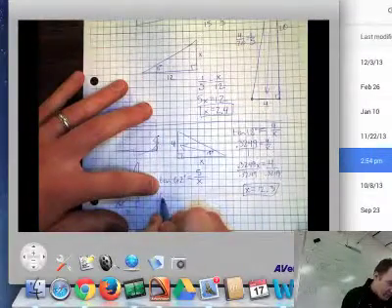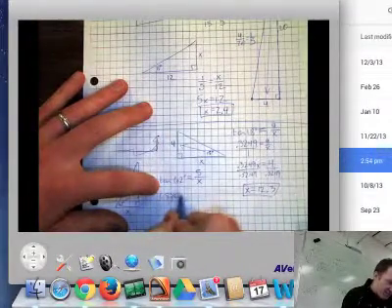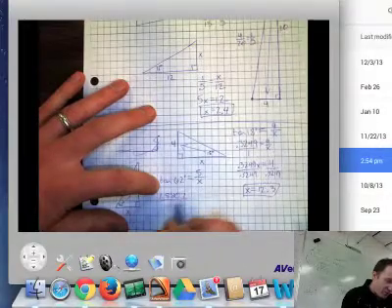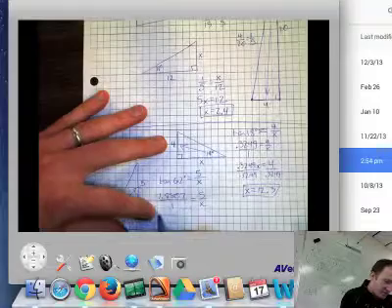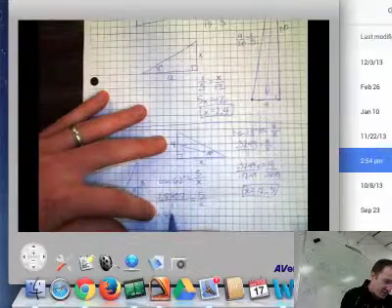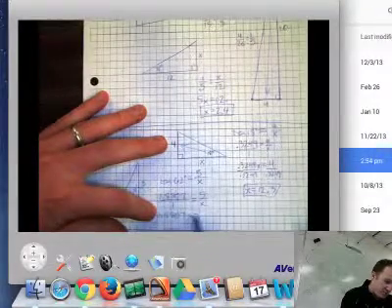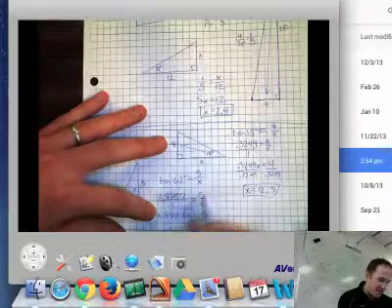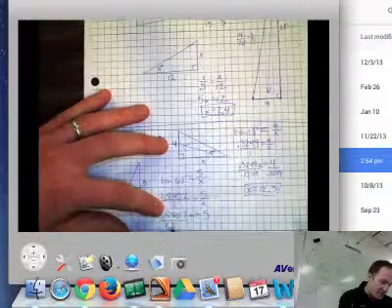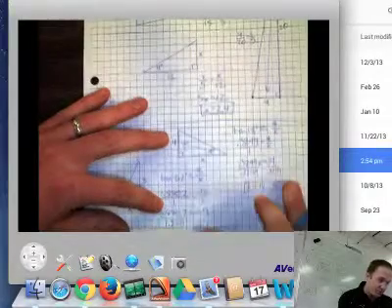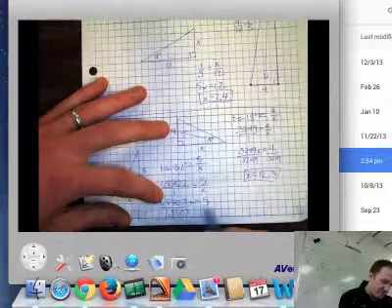So 1.8807. We can even put that over 1. Equals 5 over x. So 1.8807x equals 5 times 1 is 5. We'll divide both sides by 1.8807.